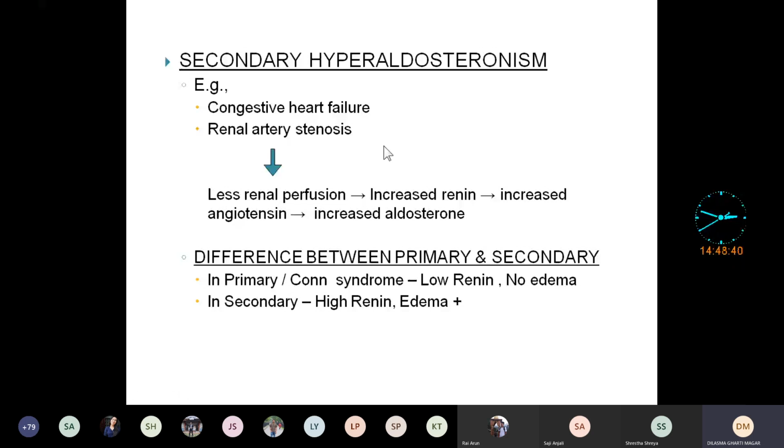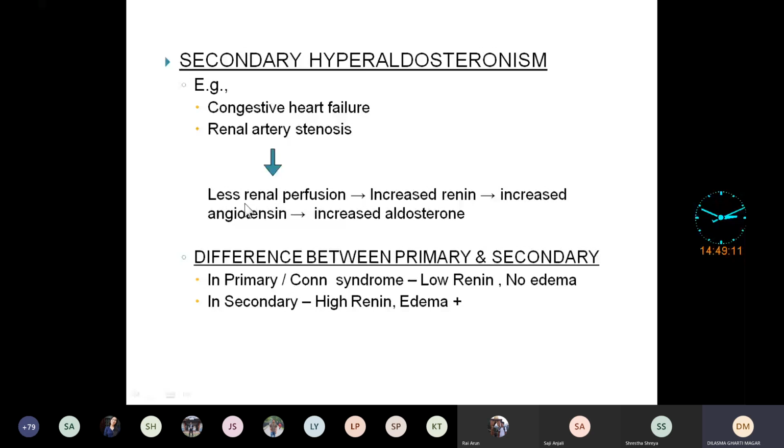In congestive heart failure, the heart cannot pump the blood properly, so the renal perfusion is reduced. In renal artery stenosis, the lumen of the artery has become smaller, so the renal blood supply will be less. Both these conditions lead to less blood flow to the kidney.